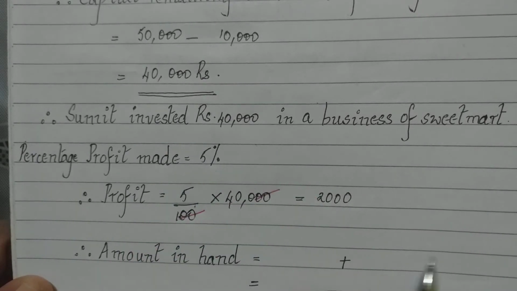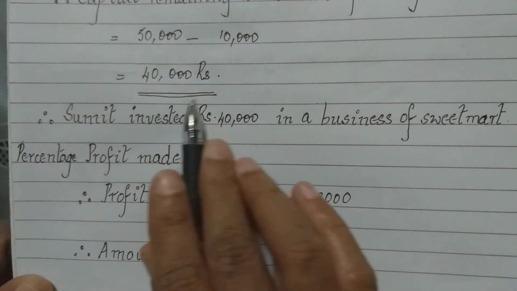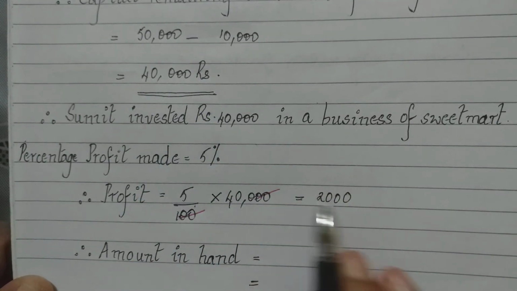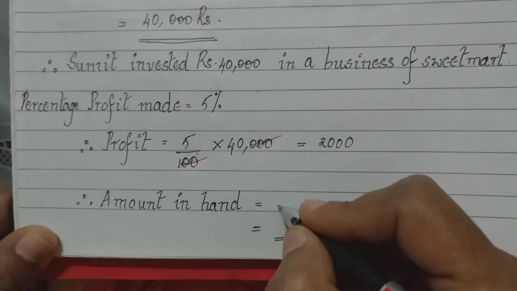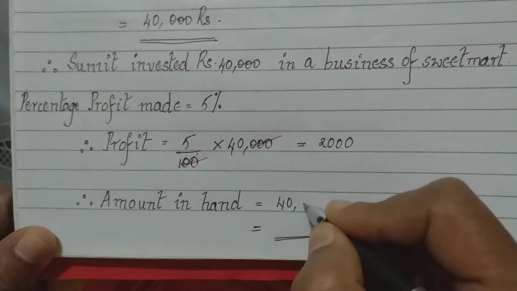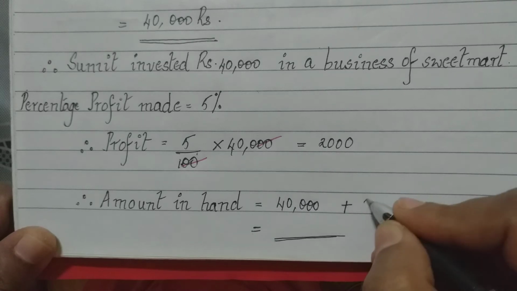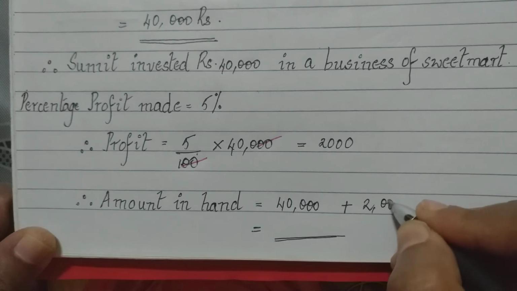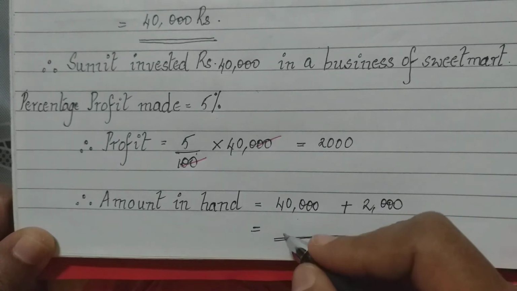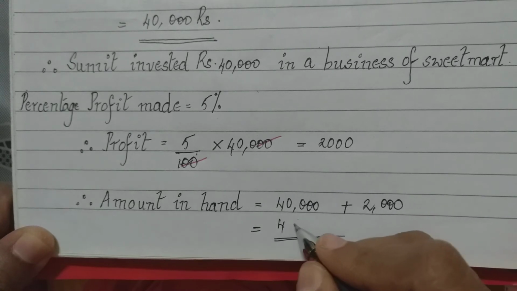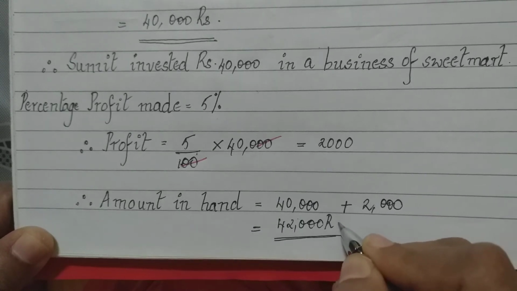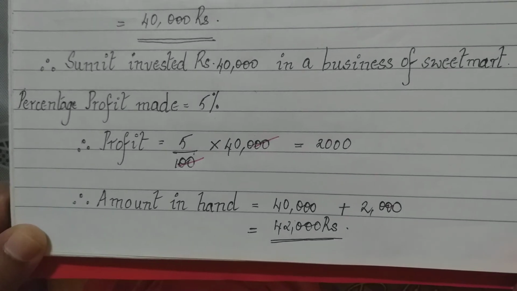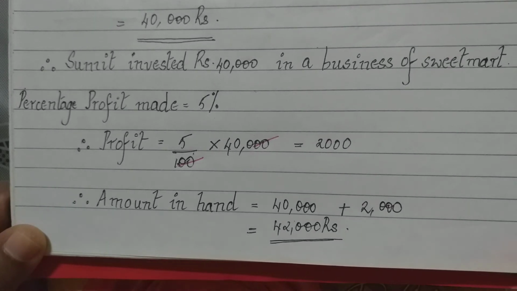So what is the total amount in hand? The investment plus the profit, that is 40,000 plus 2,000. 40,000 plus 2,000 is 42,000 rupees. So the amount in hand is 42,000 rupees.